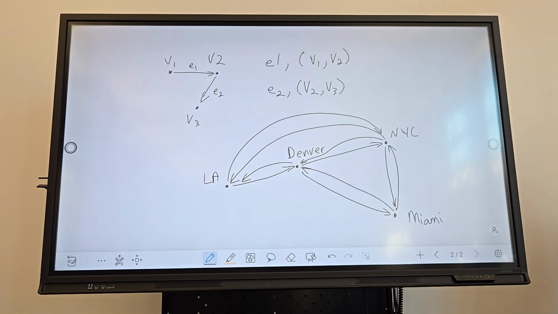But I invite you to look at the periodicals knowledge base slide in the slides on Canvas.